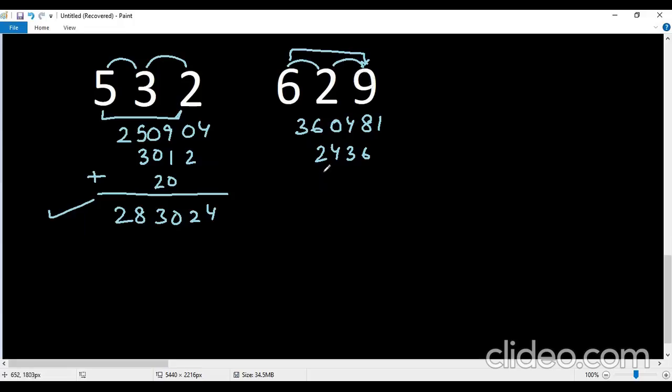So I will write 108 like this. This gives us 1. 8 plus 6, 14. 1 goes here. 16, 17, 18, 19. So this gives us 16. This gives us 5. This gives us 9. And this gives us 3.